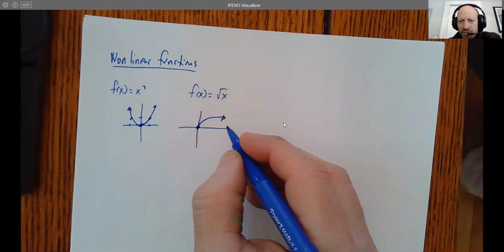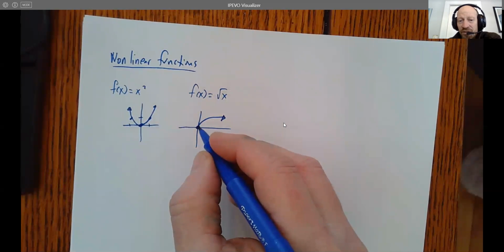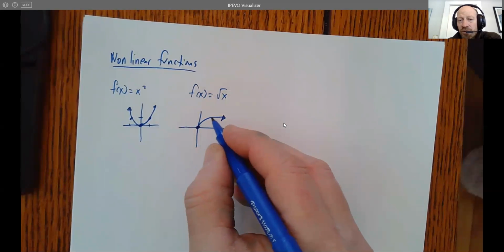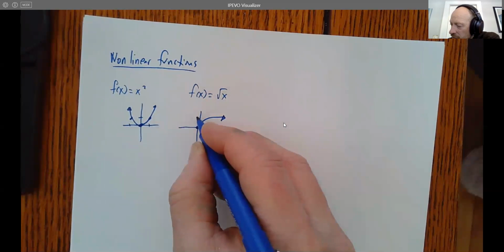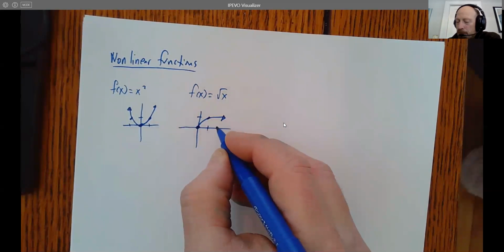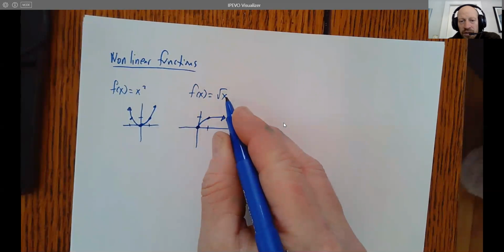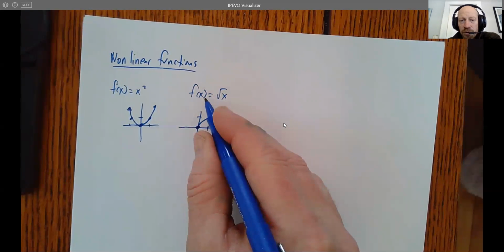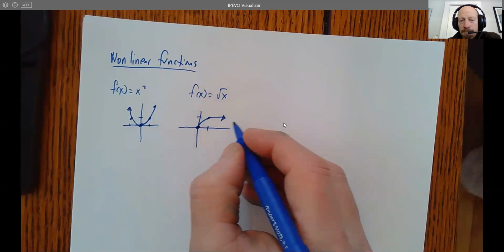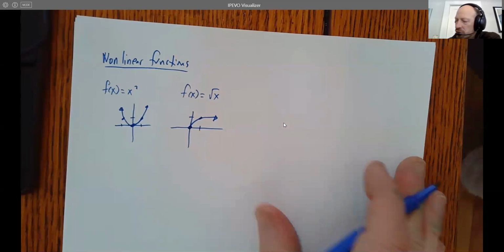So we only get non-negative values. 0 is okay, and it goes up like this, right? And again, you have this point (1, 1). When you put in the x value of 1, the square root of 1 is 1. So that's our square root function.